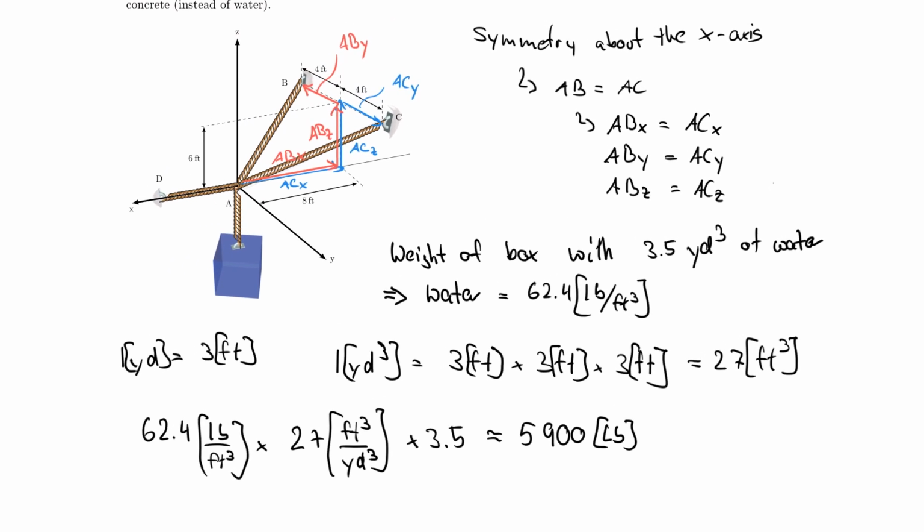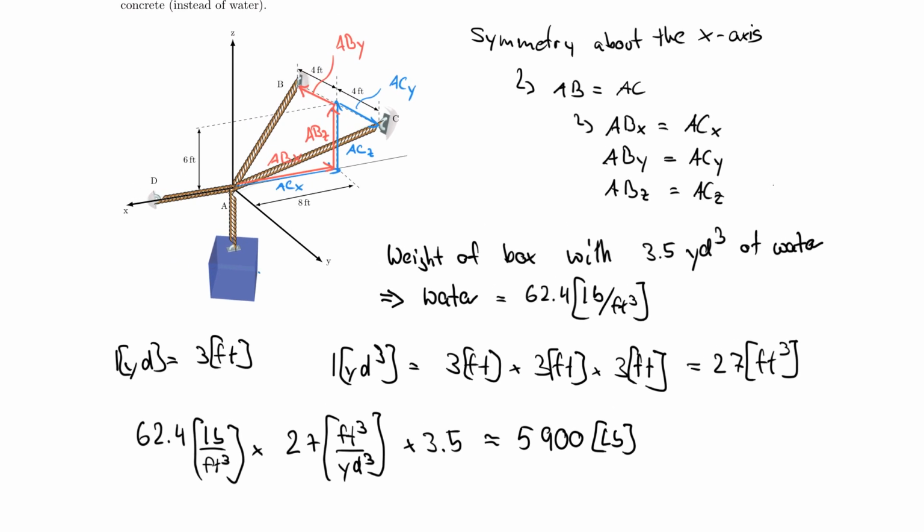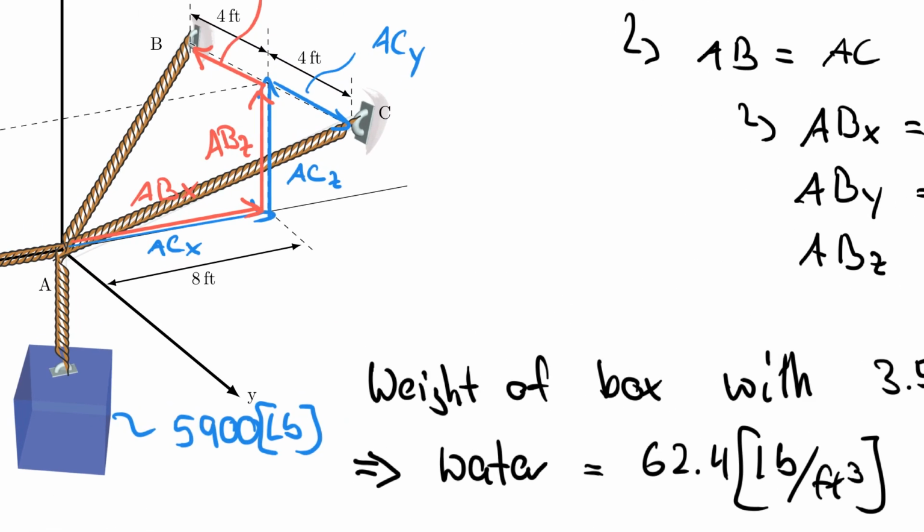Let's go back to our picture here, and maybe I even add this here, 5,900 pounds. And I'll say it again, this 5,900 pounds is supported by ACZ and ABZ together. So each one of them has to carry half of that, right? So I can already state that up here, this is equal to 1/2 5,900 pounds.